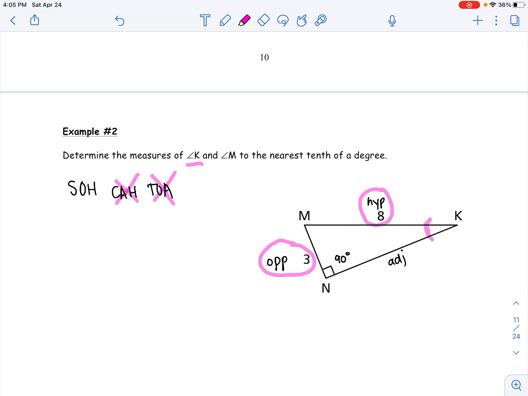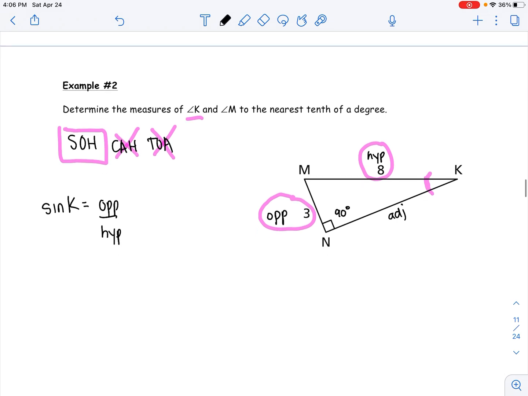Why use an equation where you don't have a piece for it? So in order to find my missing angle, I have to use opposite over hypotenuse, which leaves me with sine. So you're going to write sine of my angle K is equal to your opposite side over your hypotenuse. It's all about picking the right ratio to make your life and your work easier.